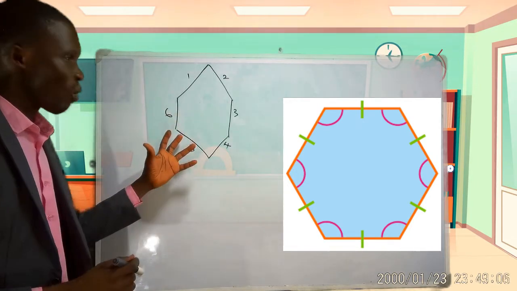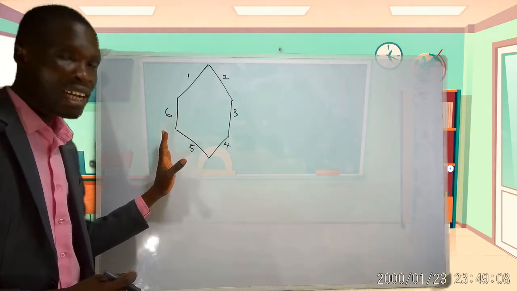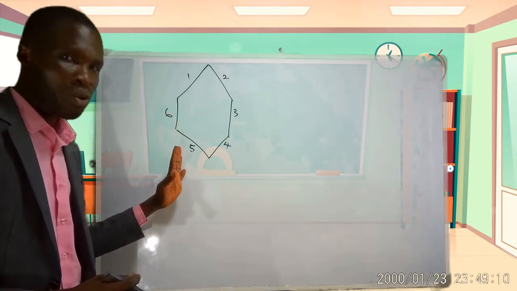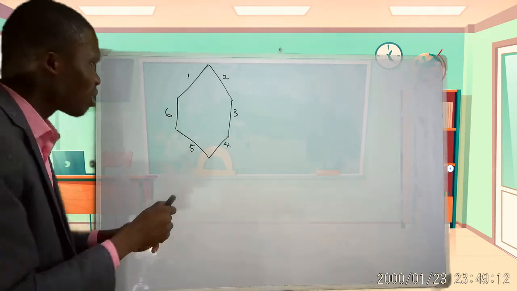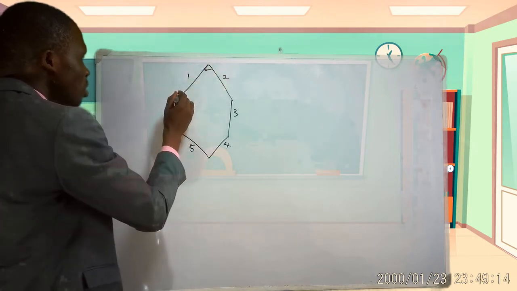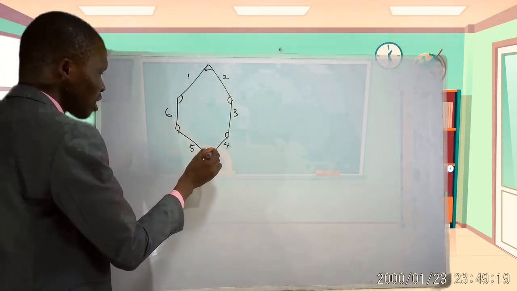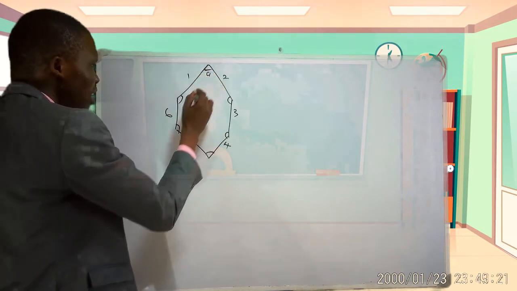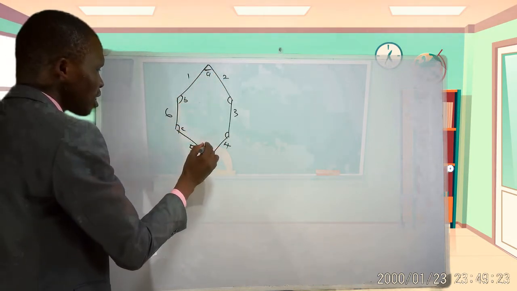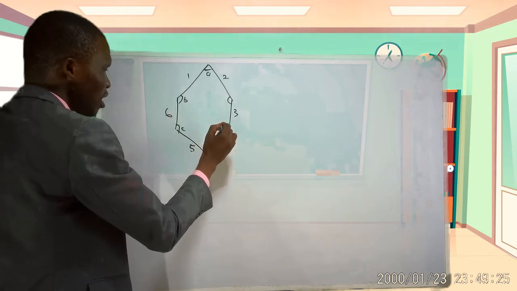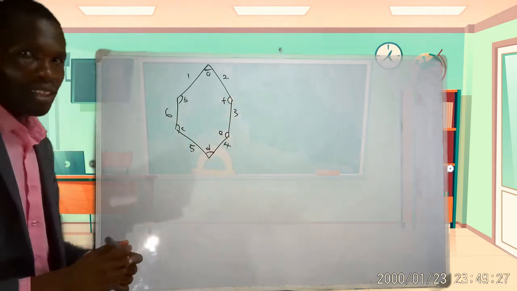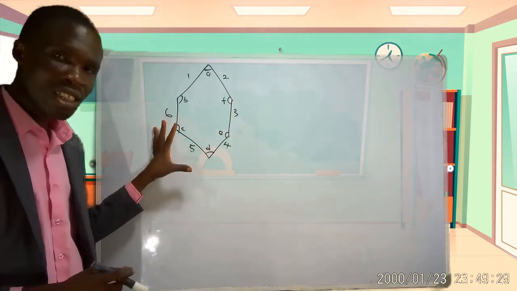Because we have 6 sides with 6 angles. These are the angles. Let's name them A, B, C, D, E, F.